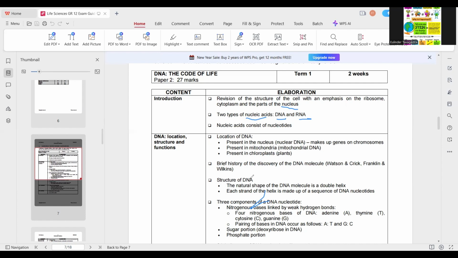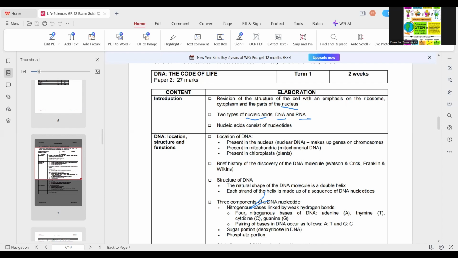Then we move on to the structure of the DNA, the natural shape of the DNA molecule. Then each strand of the helix is made up of a sequence of DNA nucleotides. You're supposed to know all that. Then you need to know the three components of a DNA nucleotide, and that the nitrogenous bases are linked by weak hydrogen bonds.